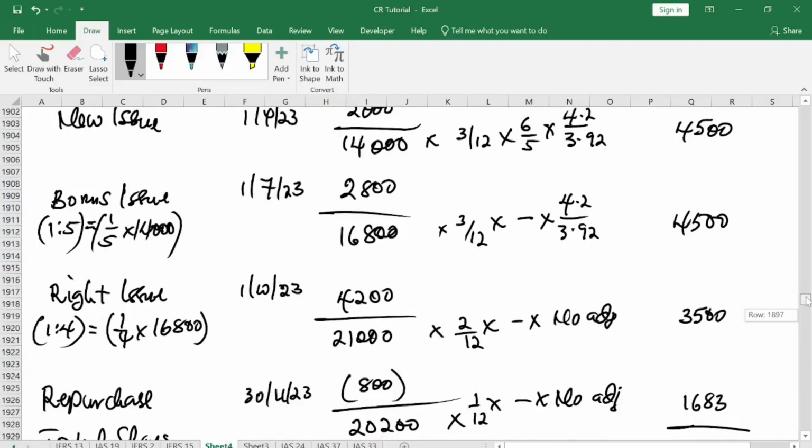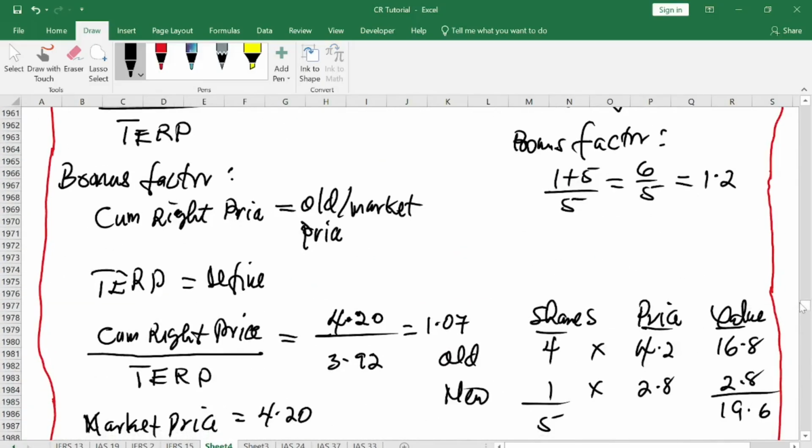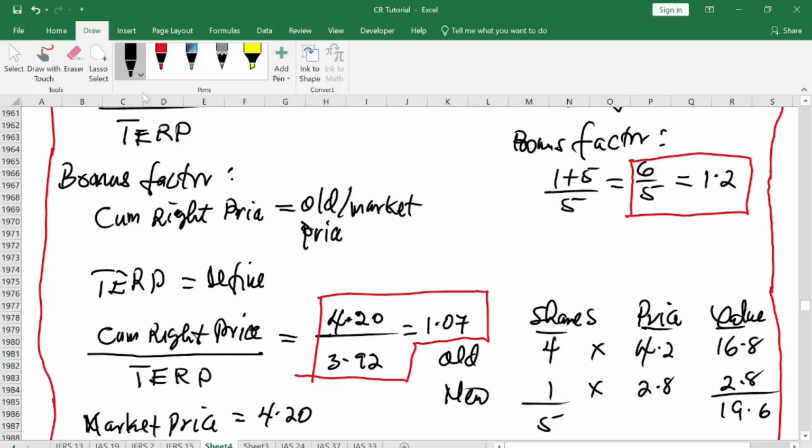But when you look at it, we know the bonus factor will be 6 over 5. They are here: the bonus fraction, then the fraction for right issue, and then the fraction for bonus issue. Now we say the inverse of it.